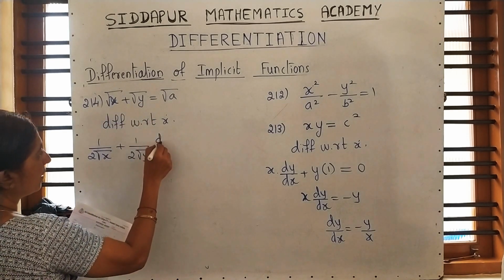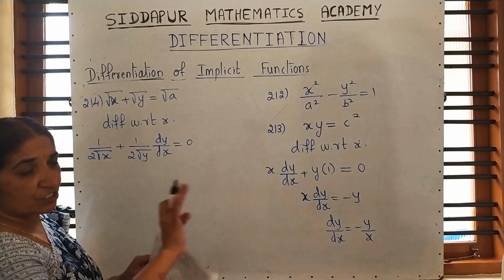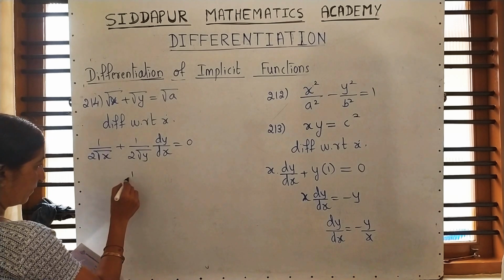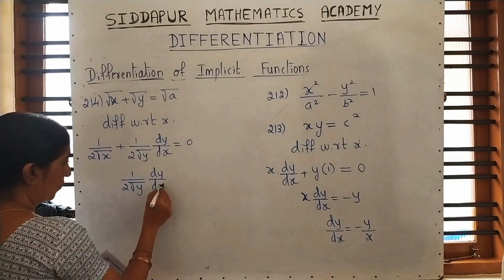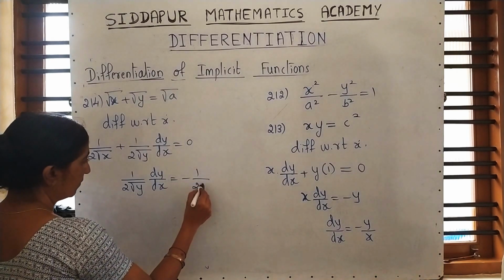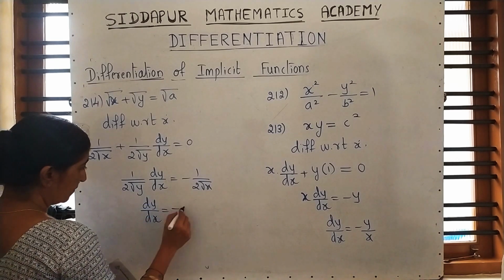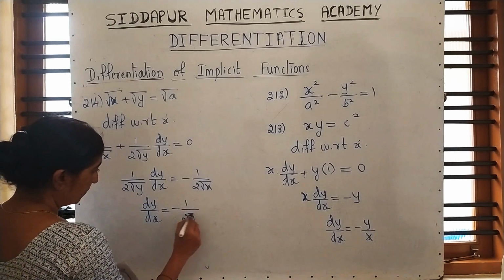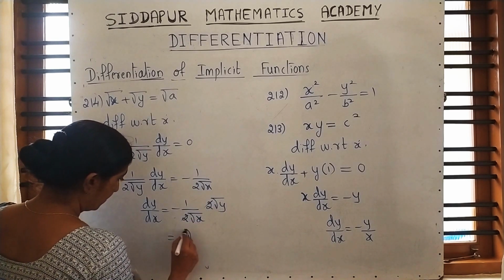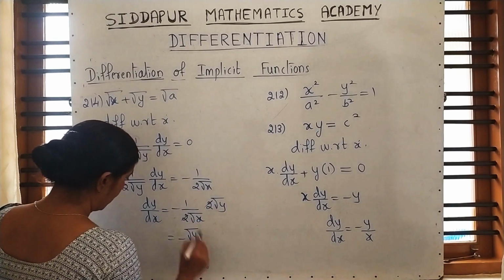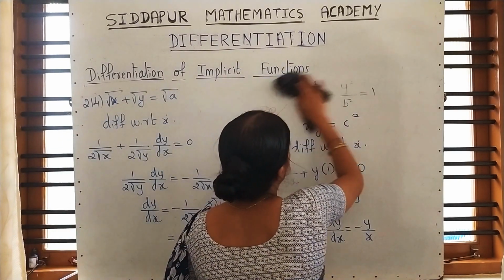If it is other than x it means dy upon dx, and a, b, c, d, e, f, g, h all we are taking as constants. Differentiation of a constant is 0. Now rearranging the terms. Moving to the next question.